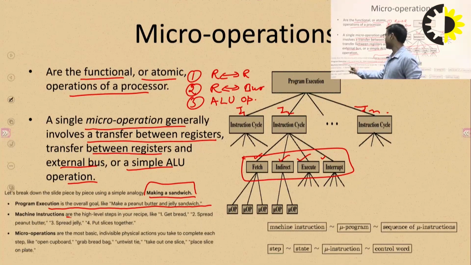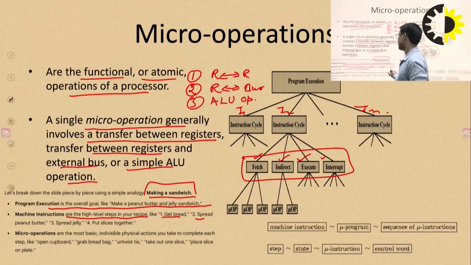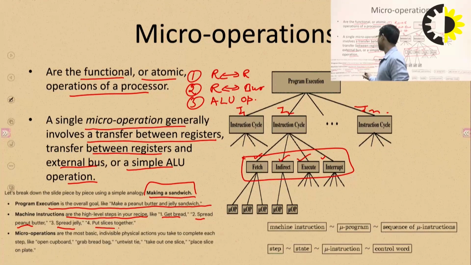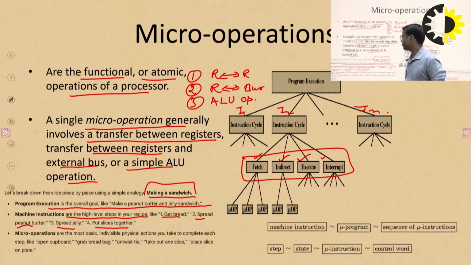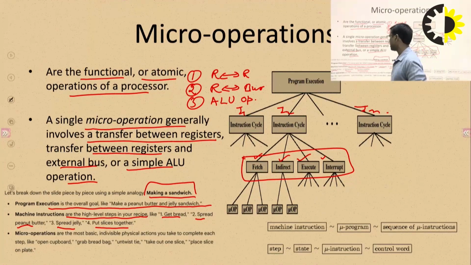We break those high level steps into a recipe: get bread, spread peanut butter, then spread jelly, put the slices together. Now these high level instructions broken into machine instructions are not the basic ones. They are further divided into smaller ones that are called microoperations.